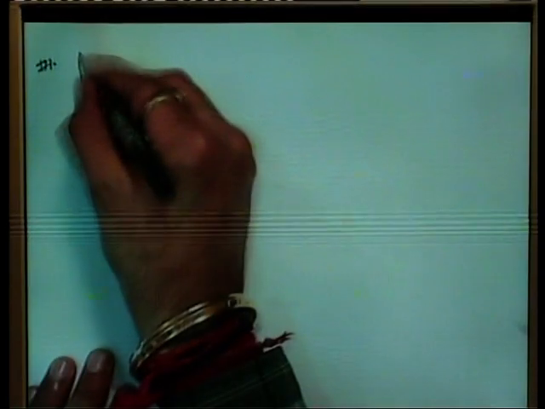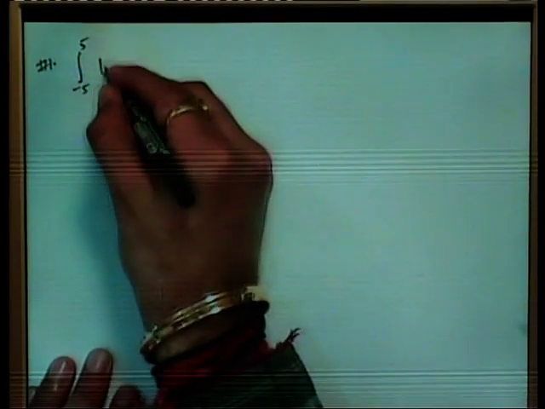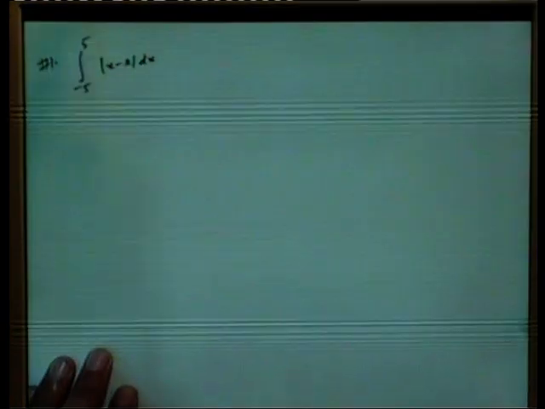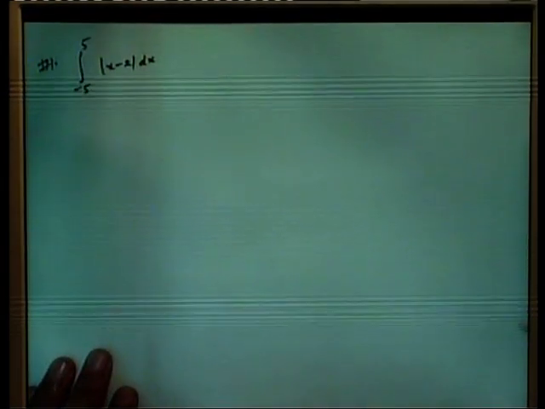We take up the first example, integral from minus 5 to 5 of mod x minus 2 dx. How can you solve it by the properties of definite integral?